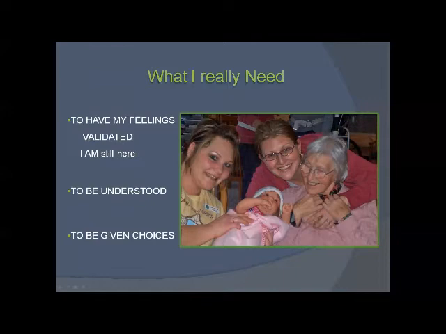They need to be given choices. A person with dementia or any type of Alzheimer's doesn't lose their need to make choices. It's just like having to make choices in life about things.